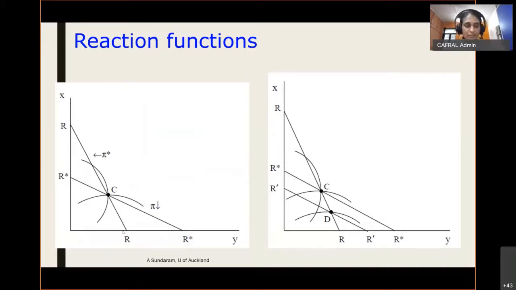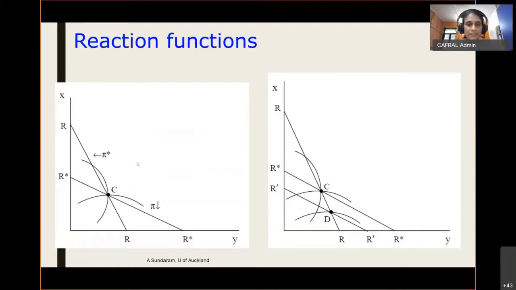Because if you look at the quantities, as you go down along these curves, you're reducing the quantity for the foreign firm and increasing the quantity for the Indian firm. So you are shifting the market share towards the Indian firm, and that's good for the Indian firm. Similarly, for the foreign firm, profit is increasing as you go in that direction because you are shifting market share away from the domestic firm to the foreign firm.